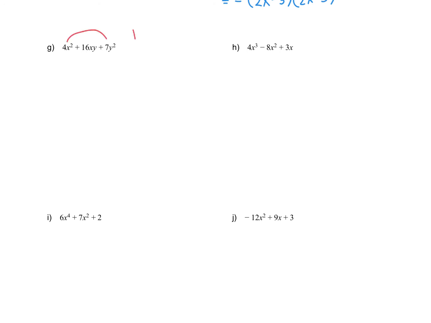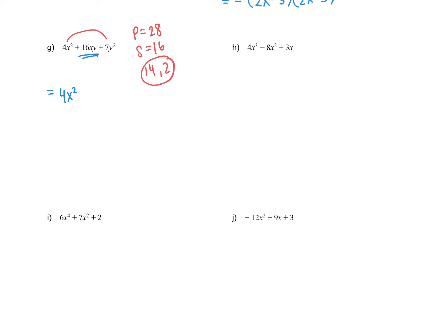So 4 times 7 is 28 for our product, and our sum is 16. So over here, 14 and 2 are perfect. So when we decompose, it's going to be very important that you're careful here with your variables. The middle term had an xy. So when I do my decomposition, I'm not just going to write plus 2x plus 14x.